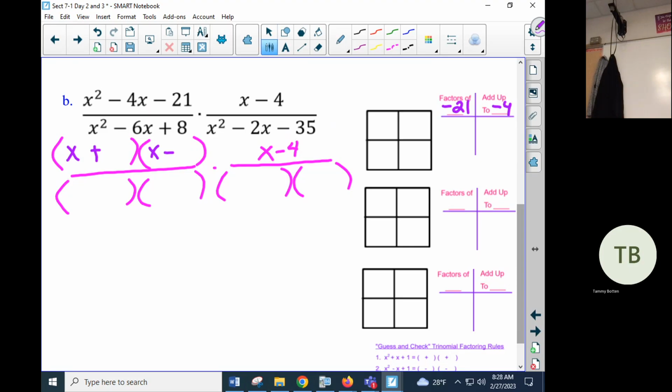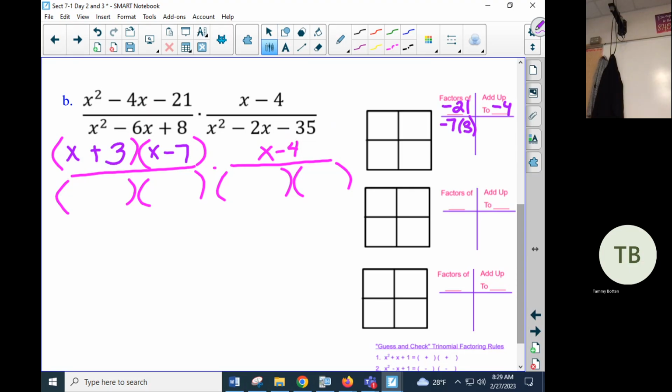You guys think what that would be? Negative 7 and a positive 3. Yep. So what that means, I put the 7 by the minus, I put the 3 by the plus. The reason I'm showing you it a little different way is if you can get away from the box and the table, it's just a little quicker, but either way works.